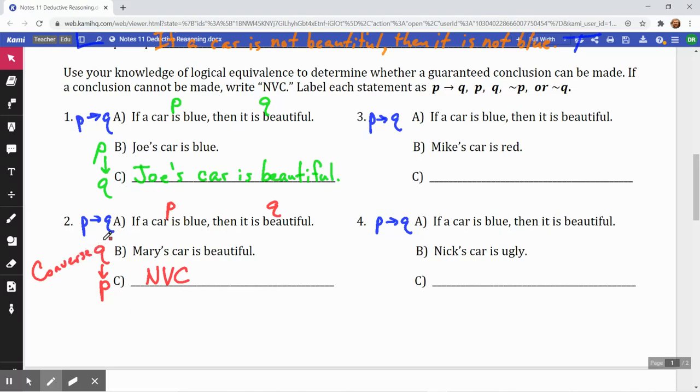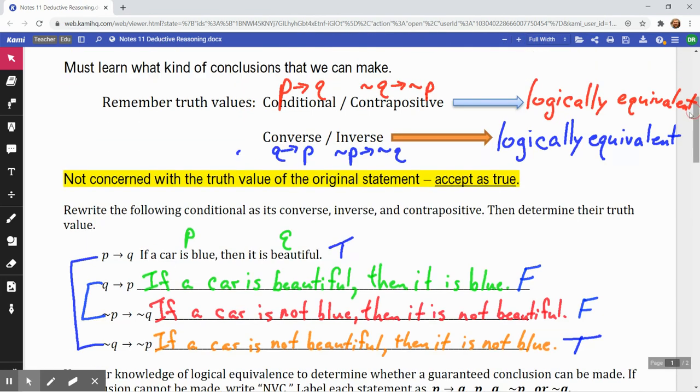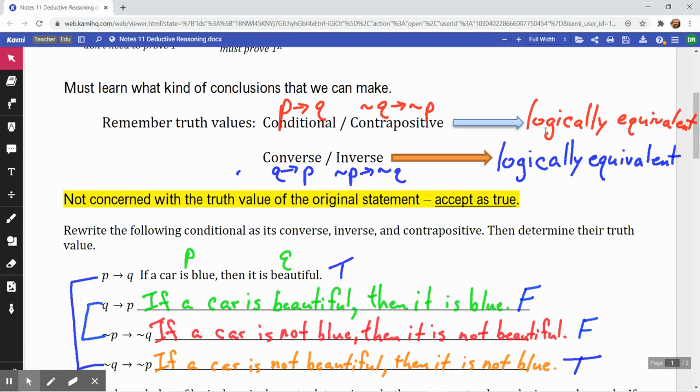And there is no guarantee that the converse and the conditional are going to match. Because remember up here, we said the conditional and the contrapositive are logically equivalent, but there is no connection between the conditional and the converse or the conditional and the inverse. And if there's no guarantee, then we won't make a claim.